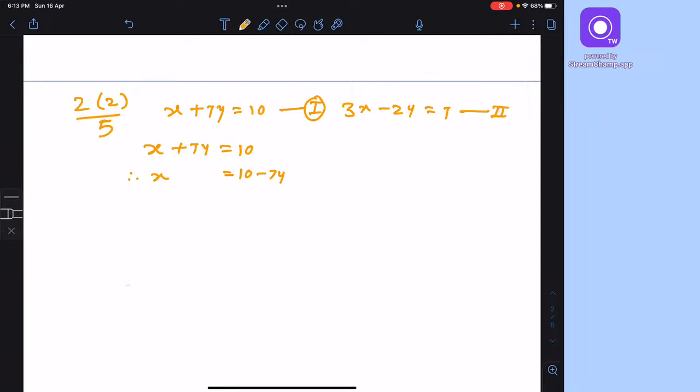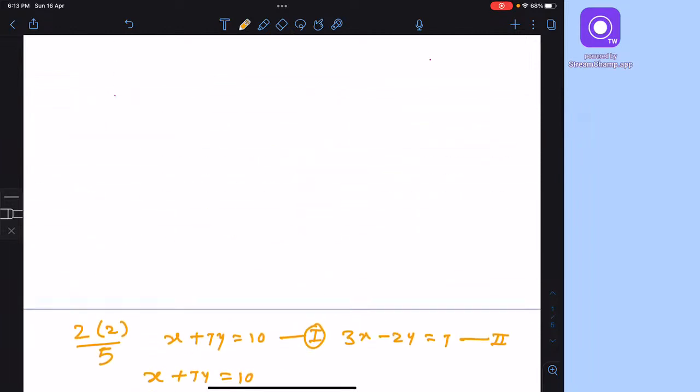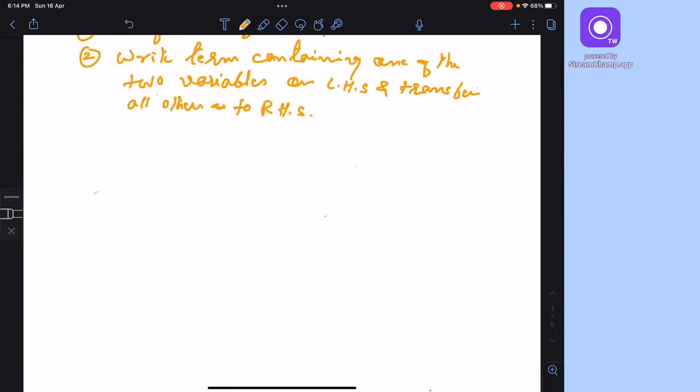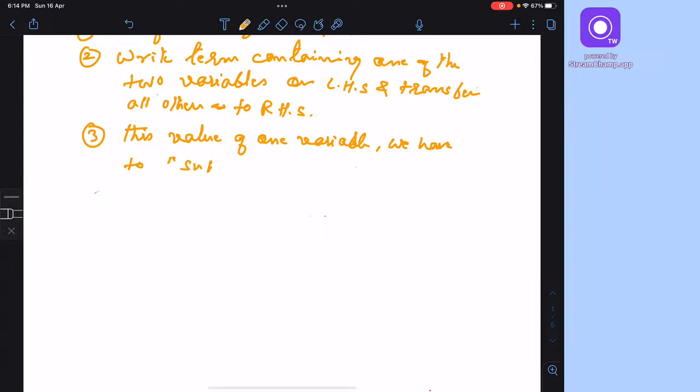Now this value of one variable we have to substitute in the other equation. That's why this is called the substitution method.